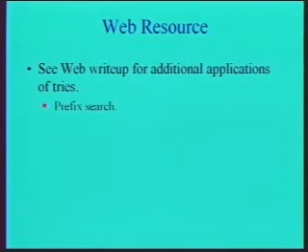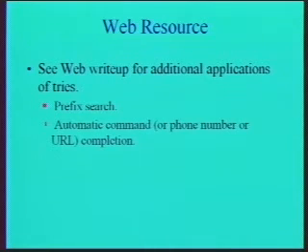Okay. All right, there are plenty of other applications for tries and plenty of other variations on tries, and you really need to take a look at the readings that are there on the website. Tries are used for searching for a prefix. Okay, so if you have a bunch of keys and you're given a prefix, you want to find out what are the keys that match. Okay.